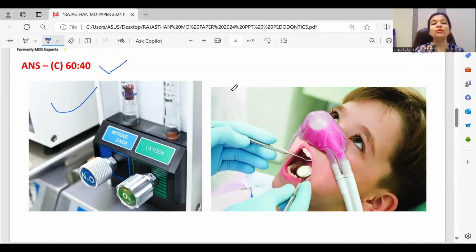So what you do, you select the correct size of the mask for the child, and then once you put on the mask, first you flush 100% oxygen. Then when the patient is comfortably sitting, you turn the knob such that you turn the nitrous oxide to 10% nitrous oxide, and 90% oxygen automatically occurs.